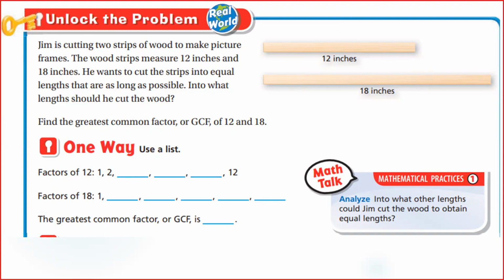Into how many lengths should he cut the wood? Now, look at this here. We have 2 strips of wood, and they want to cut them to make them equal, to use both of them in order to make frames, and the frames must have equal length.